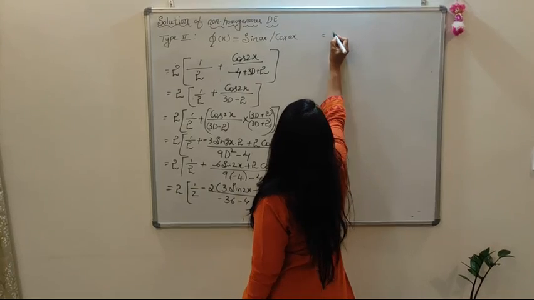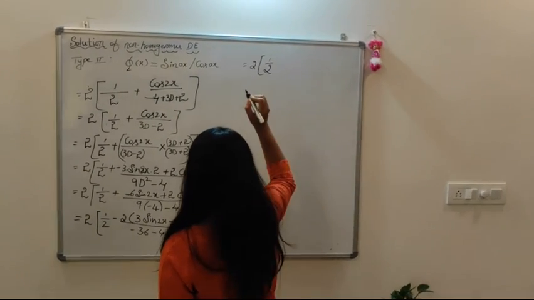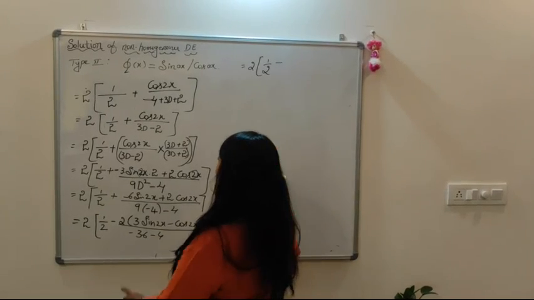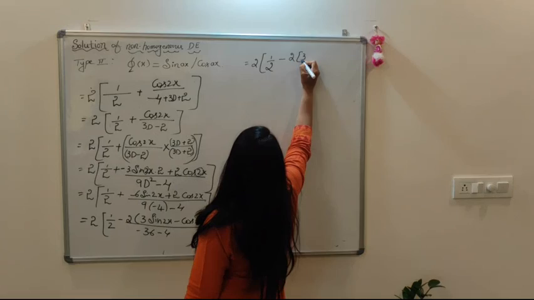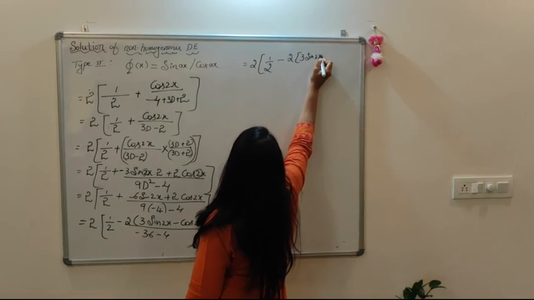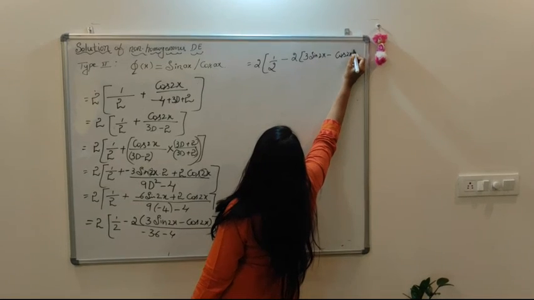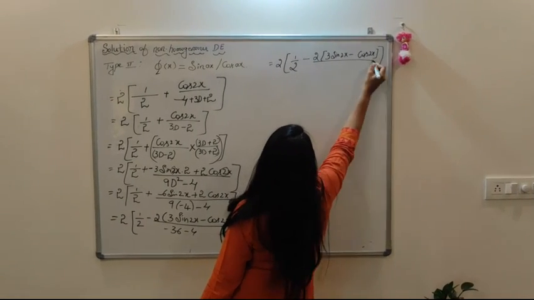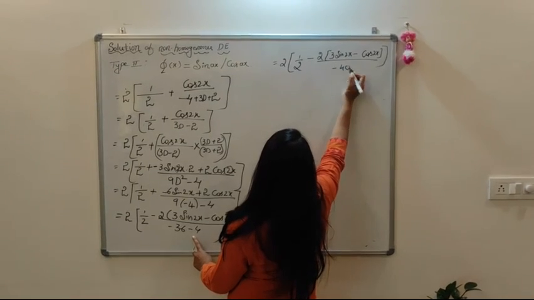So 2 of 1 by 2 minus 2, 3 sin 2x minus cos 2x whole divided by minus 36 minus 4, minus 40.